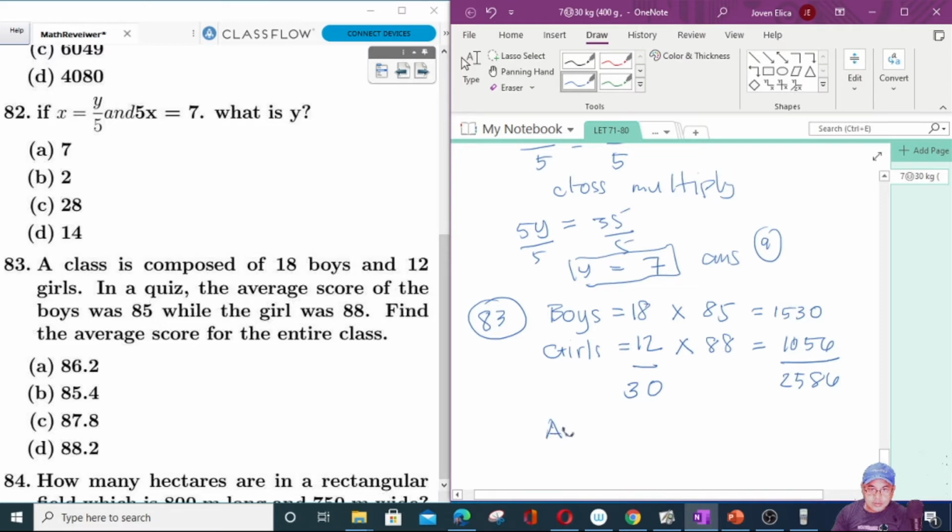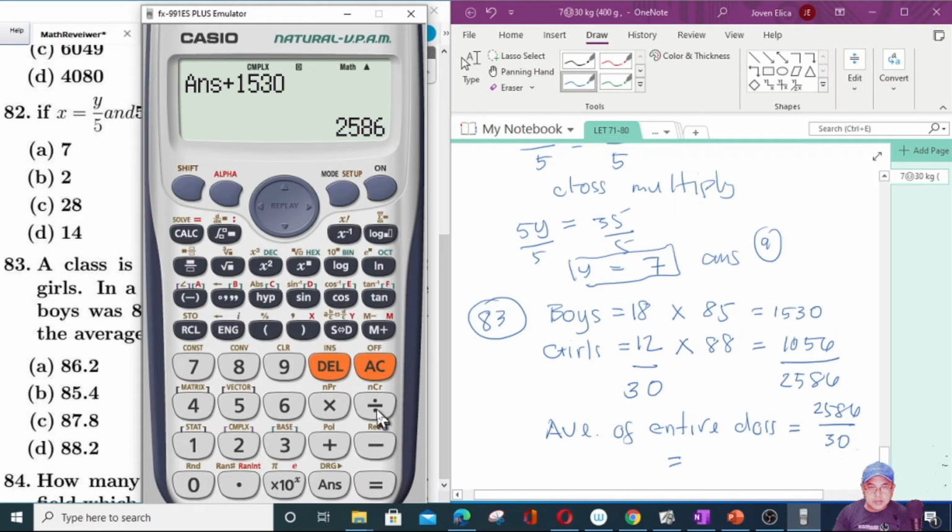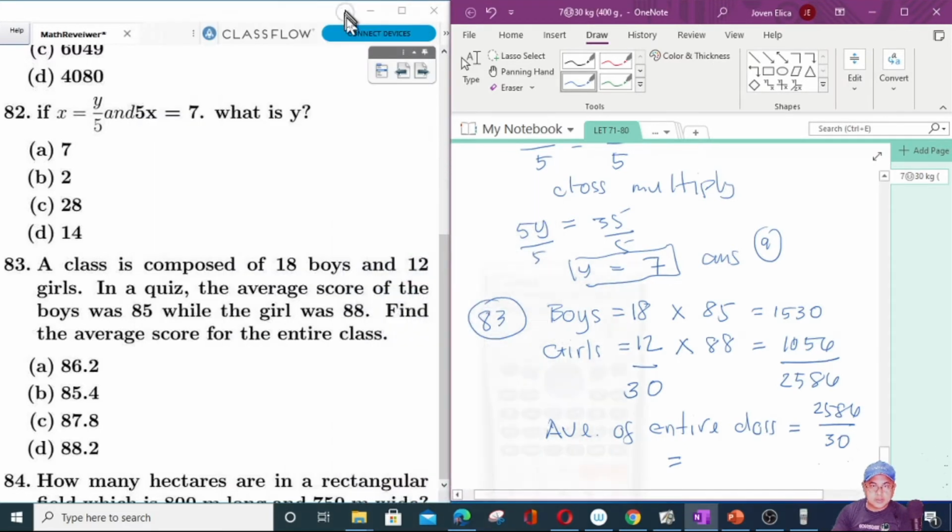To get the average score of the entire class, this is equal to 2586 divided by the total number of students, 30. 431 over 5, fractional. So this is actually 86.2. The answer is letter A.